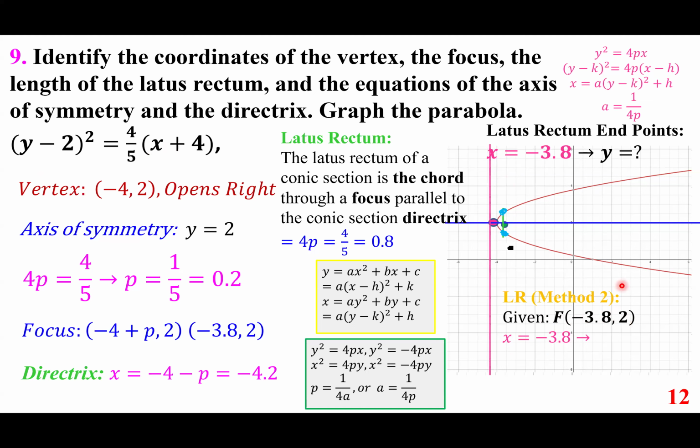We said p is 0.2, so go 0.4 up and go 0.4 down. So plus or minus 2p, plus or minus 0.4. And so the y coordinate is 2, up 2.4, down 1.6. So those are the coordinates. That's faster and easier than this one normally.